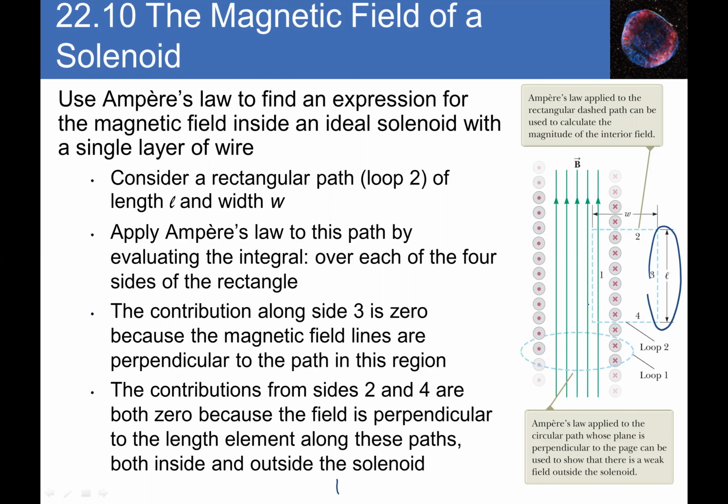In the dot product, ds is perpendicular here, so this is 0, and here too, so this is 0. That means the integrals through paths 2, 4, and 3 all give me 0, which leaves path 1 as the only integral I will consider.